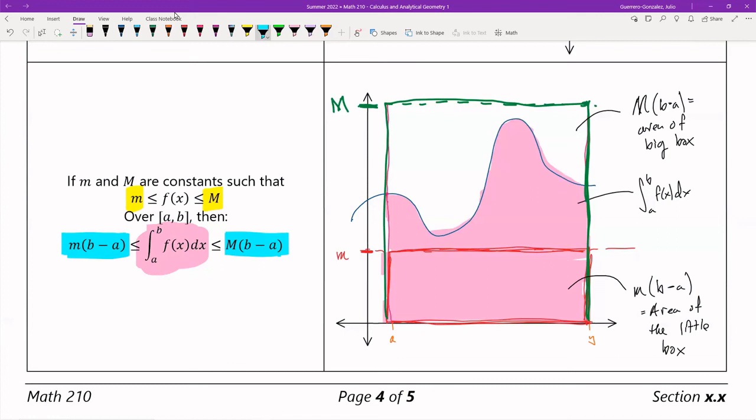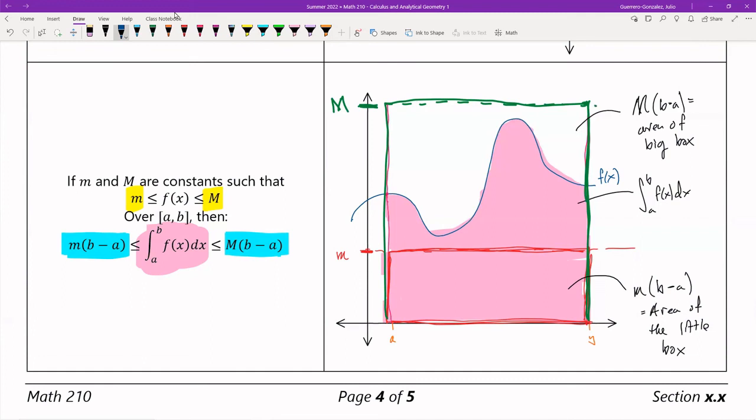That simple. Okay, so let me refresh this a little bit. Let's say you have a function f of x, and I never wrote in f of x here, so this is f of x right there. And I want the area between a and b of f of x, so I want the integral from a to b of f of x dx.